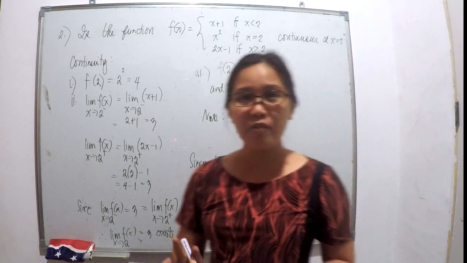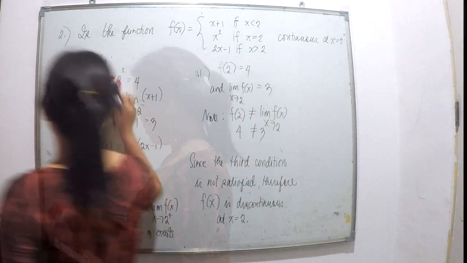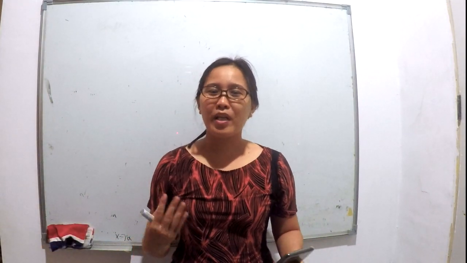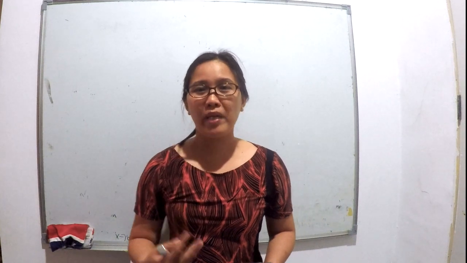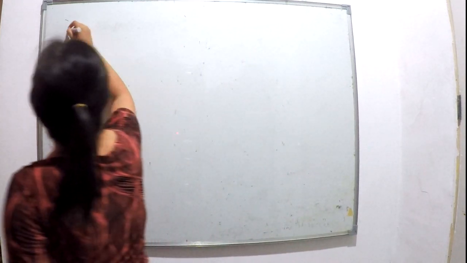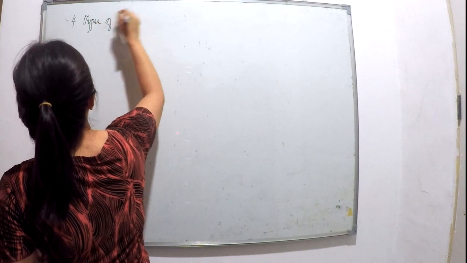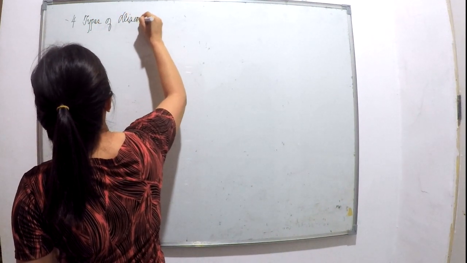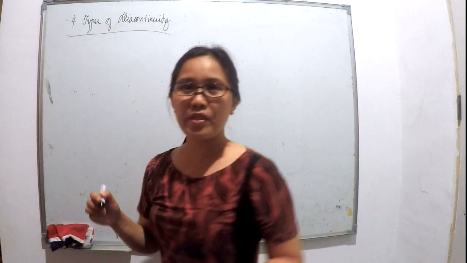Since we were able to determine already that the function is discontinuous, this time we will determine what type of discontinuity. Take note that there are 4 types of discontinuity.